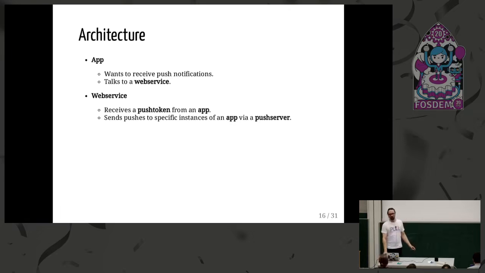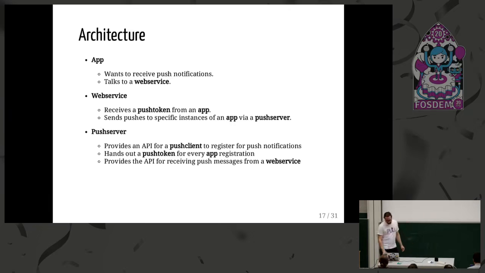The web service sends this push notification through the push server, which is part of the OpenPush project. So the push server has an API for the push client, which we'll come to in a second, to register for push notifications.